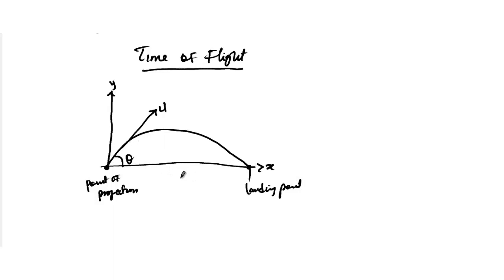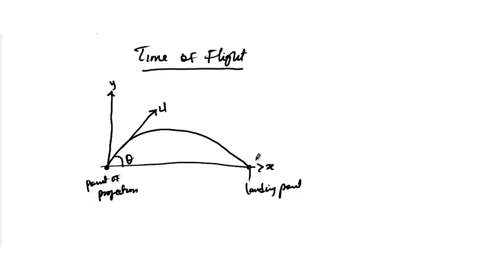Another way we can calculate the time of flight is to multiply the time it takes to reach the maximum height by 2, because the time it takes to reach the maximum height is the same time it will take to land if air resistance is not considered. So when a projectile returns to the plane from which it was projected, its vertical displacement is equal to 0.